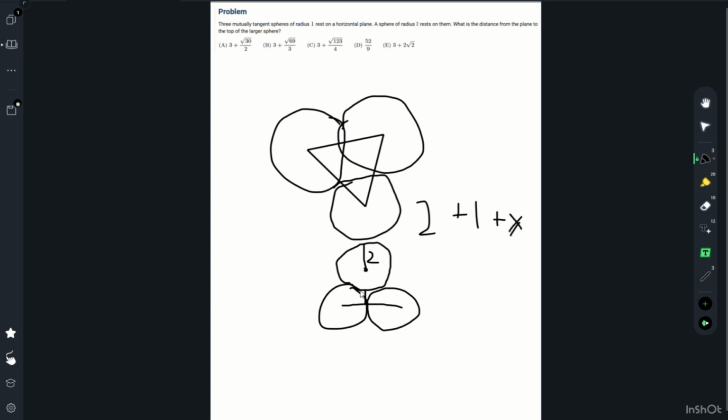So for a closer look down here at the x, we're going to have to do this, because we have this triangle here. We can make a type of prism like this.